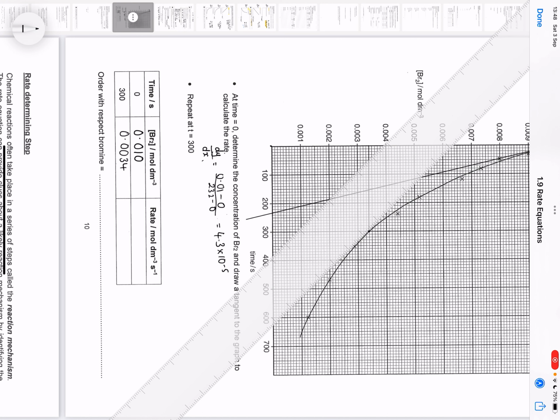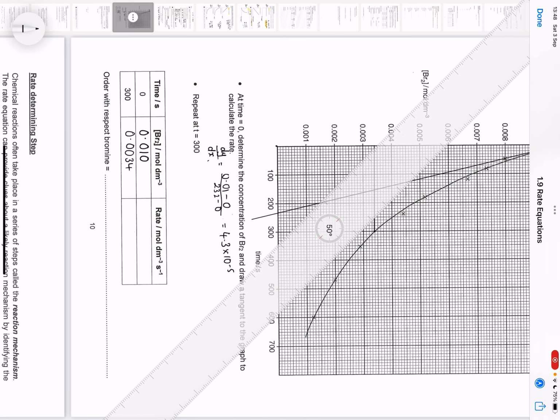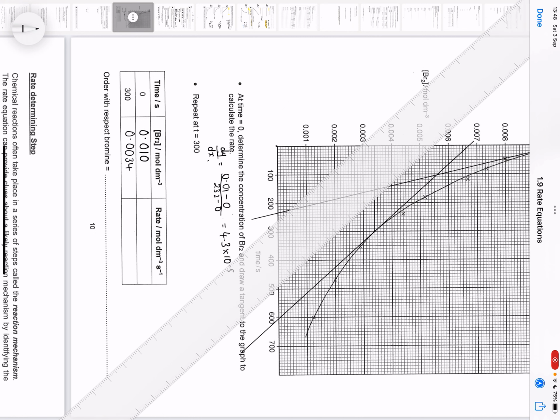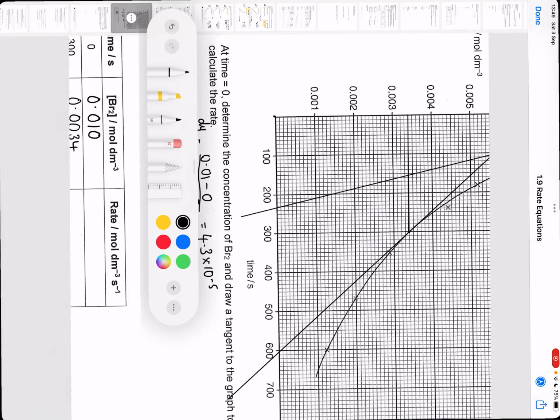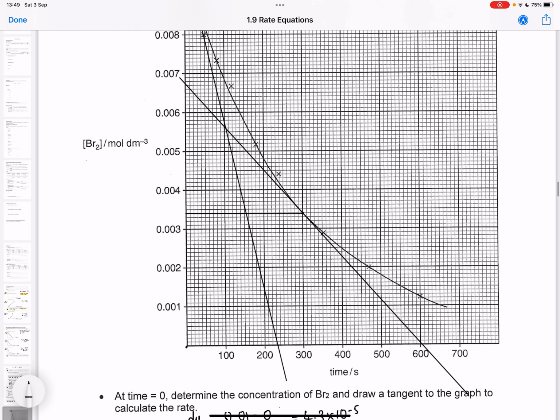And we're going to have a look at what we are measuring at that point. Get rid of our ruler again. So we're going 0.0034.